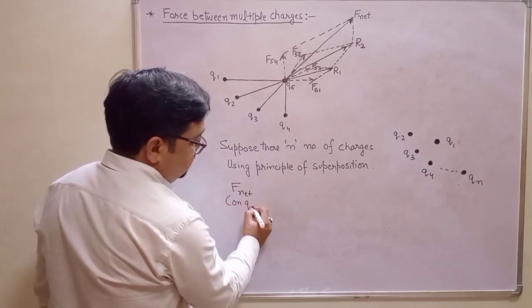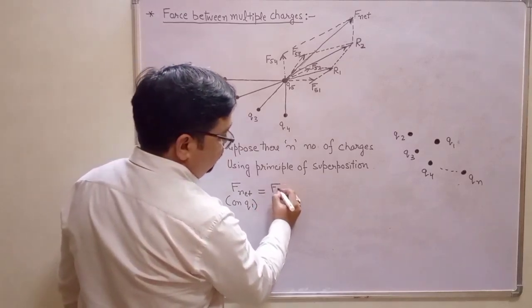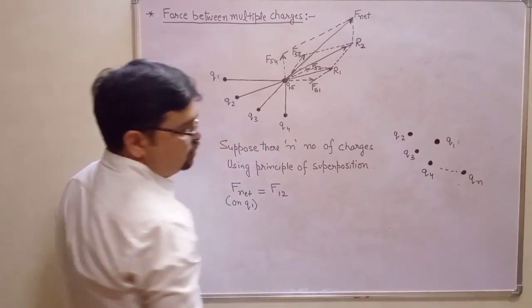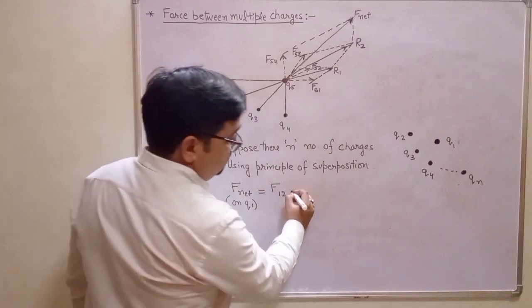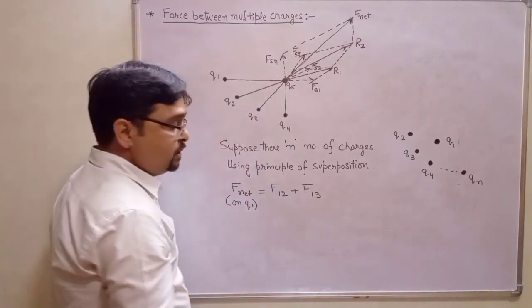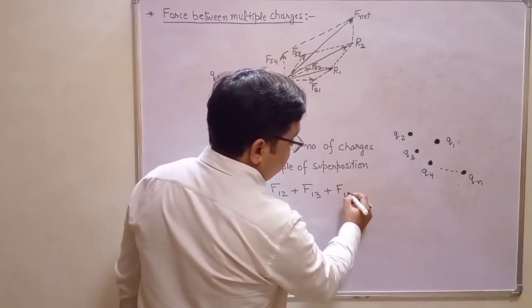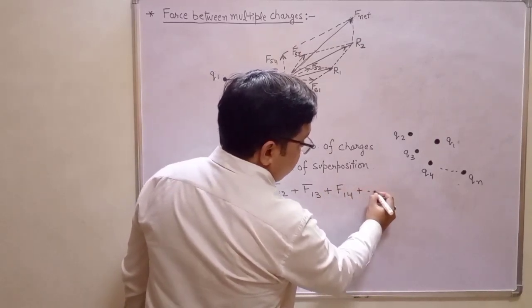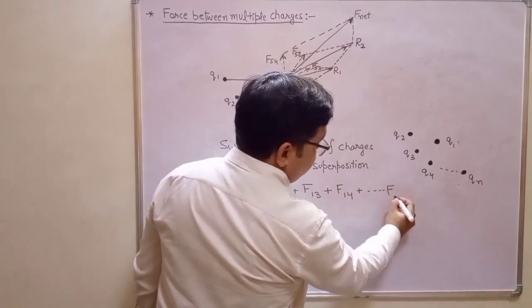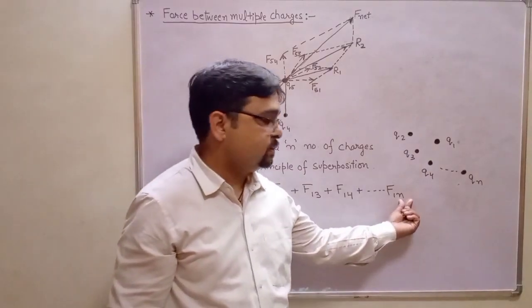The net force on Q1 will be equal to the force on 1 due to charge 2, plus the force on charge 1 due to charge 3, the force on charge 1 due to charge 4, and finally the force on charge 1 due to the nth charge, the last charge.